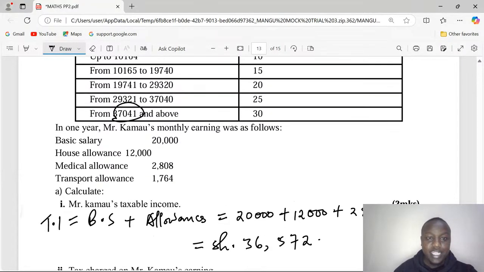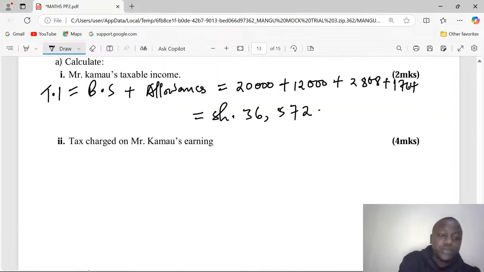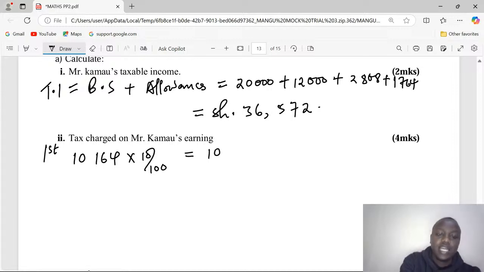From the first bracket, we are taxing 10,164 at the rate of 10%. This is going to be 1016.40 Kenya shillings.